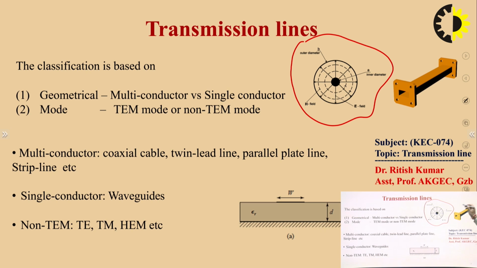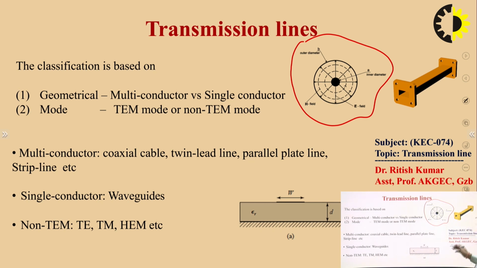While in the case of waveguide, this transmission media is totally made by a single conductor, as you can see here. So this is a difference between coaxial cable and the waveguide from the construction point of view.